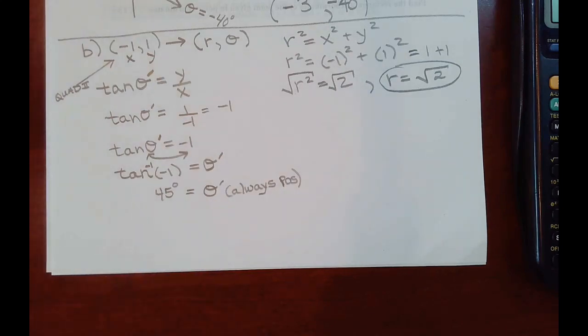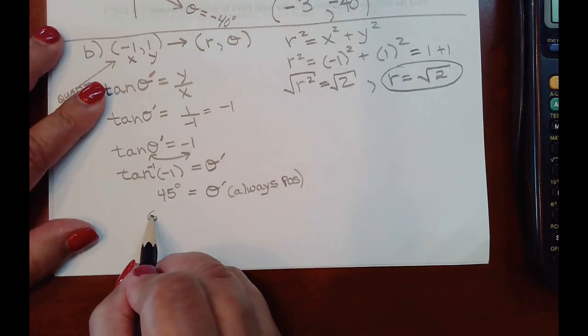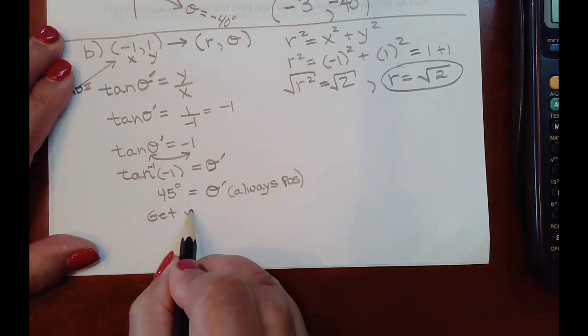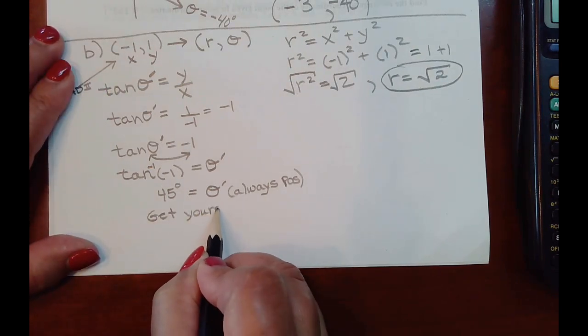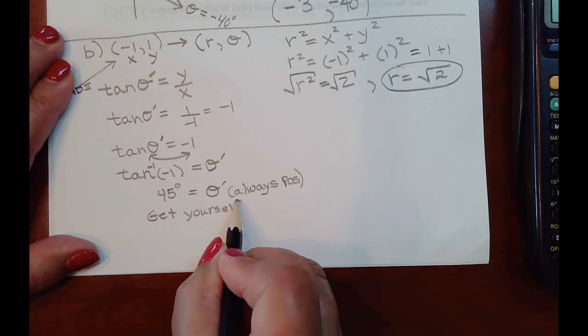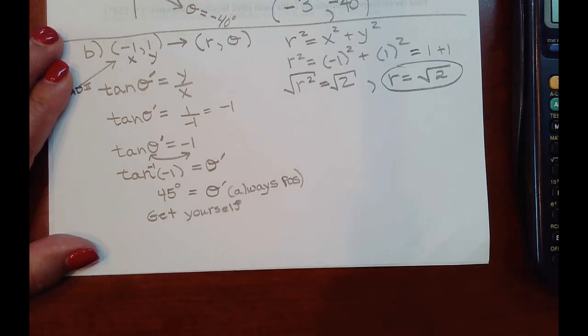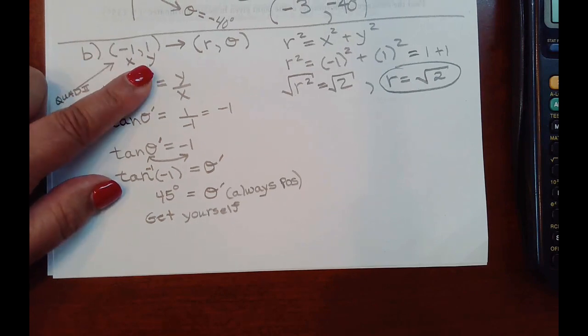Okay. Now what we're going to do is take that knowledge that the reference angle is 45 degrees and get ourselves in the proper quadrant. Remember, even with this r and theta that we're trying to come up with, it still must be in the same quadrant as the x and the y.